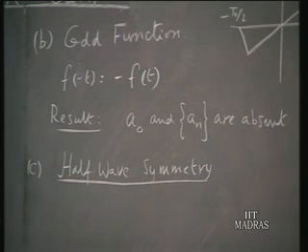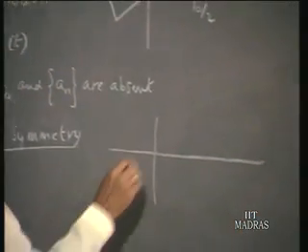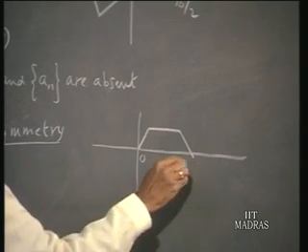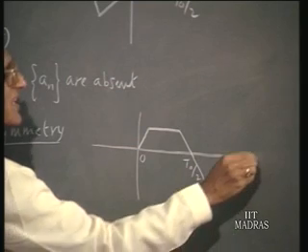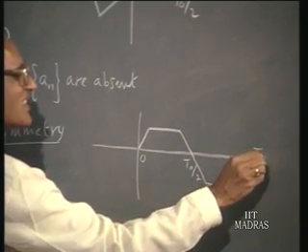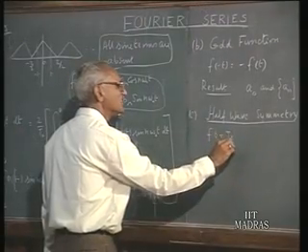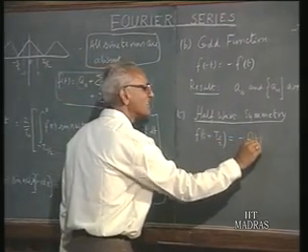Basically, what it means is that if you have a particular variation for half the period, in the succeeding half period it will have exactly the negative of that variation. f of t plus t naught upon 2 is minus f of t for all t.